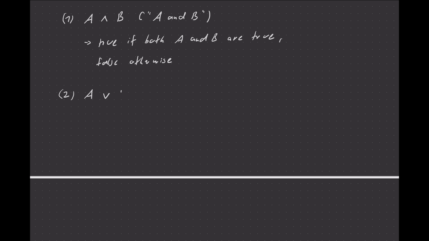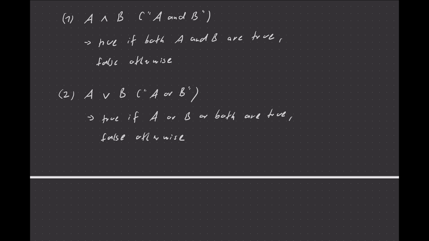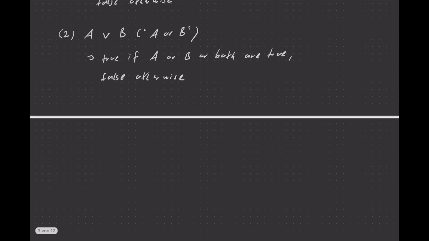Looks like a V. And this is pronounced A or B. So this is true if A or B or both are true. And it is false otherwise. So this would only be false if both A and B are false.